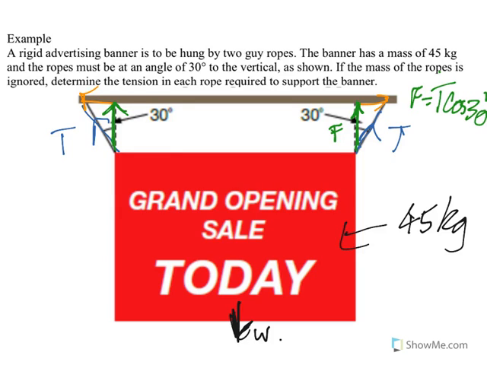And then this green one over here is also T cos 30. They're up and the weight force is down, so the weight force is equal to 2 lots of T cos 30.